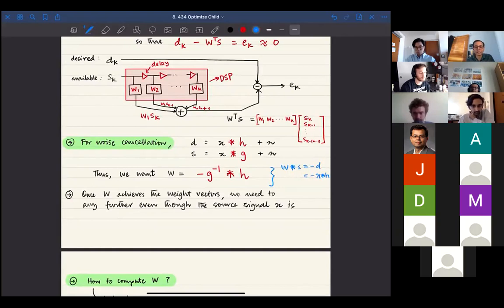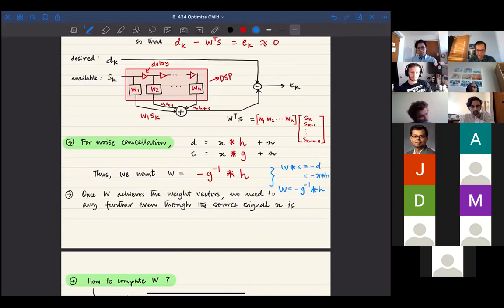And S is X convolved with G. So W is nothing but minus G inverse convolved with H. Is that clear, guys?